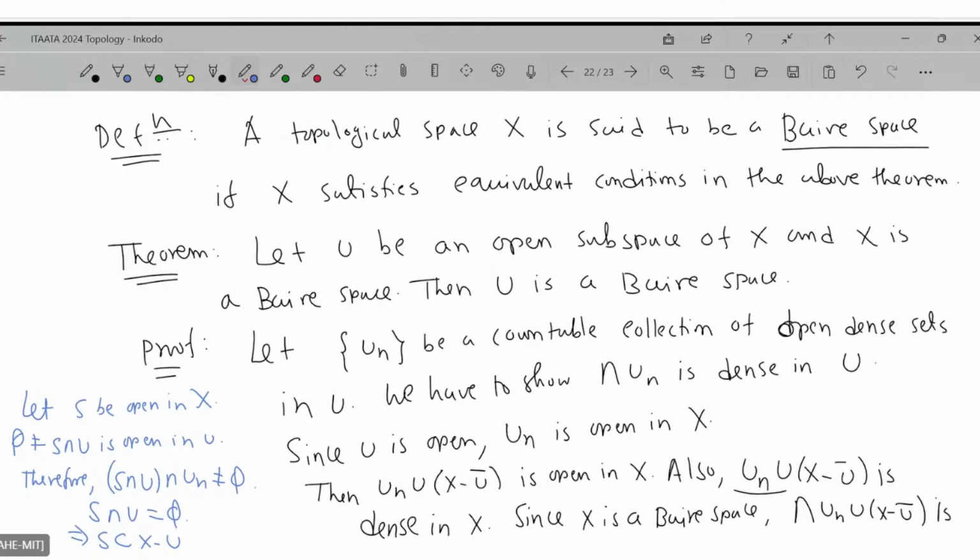In that case, can we say that it will intersect X minus U closure? U is a subset of U closure.